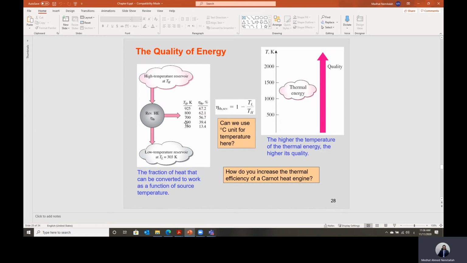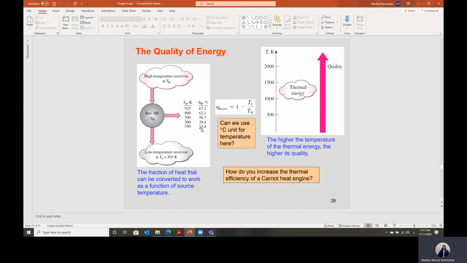If we increase the value of T high, which is a function of the heat added to the heat engine, at fixed heat rejected, the value of T high will increase, and as T high increases, the maximum efficiency, which is 1 minus T low over T high, will increase.